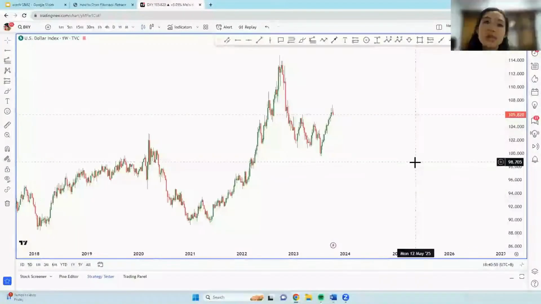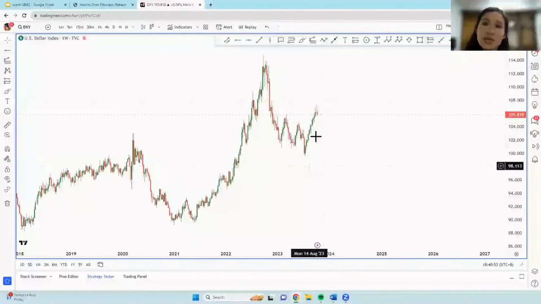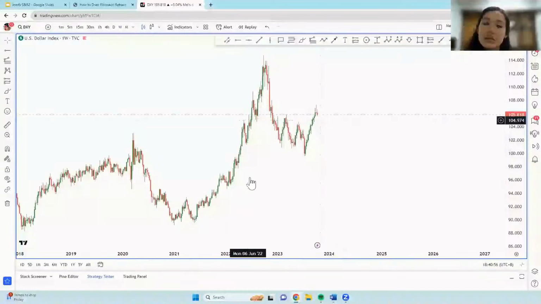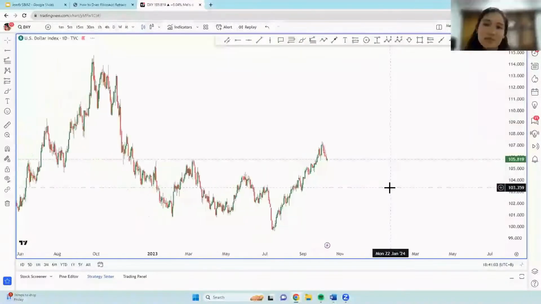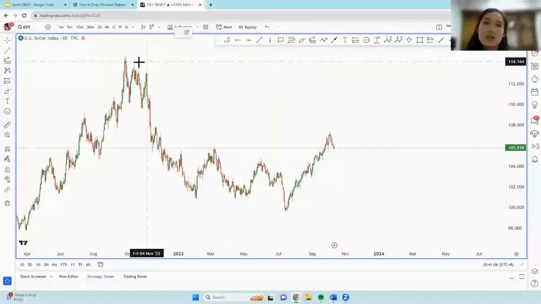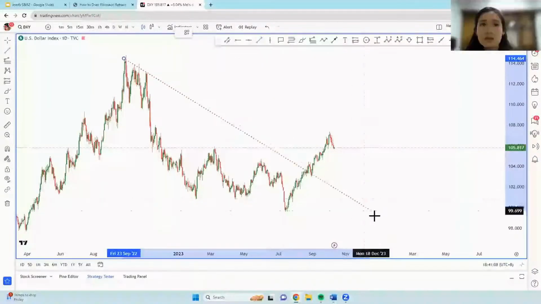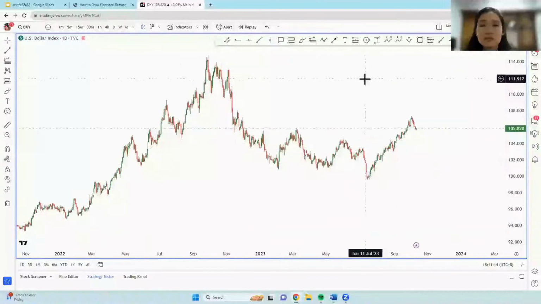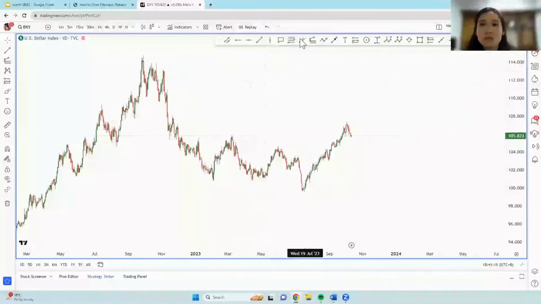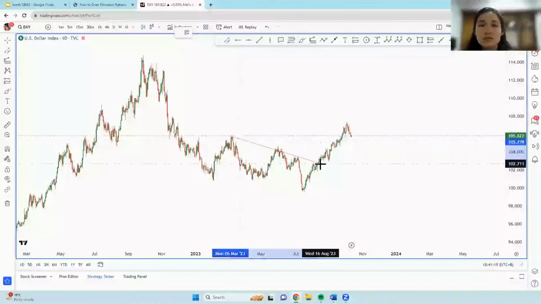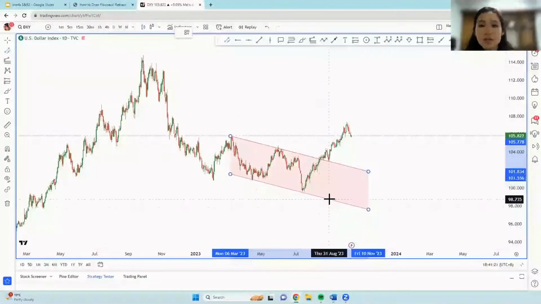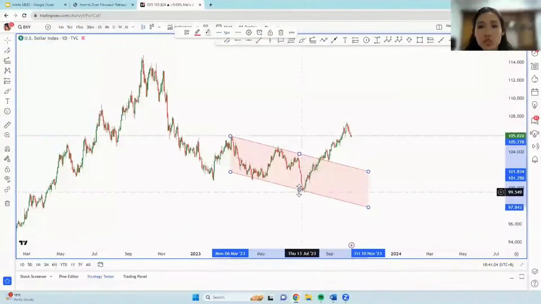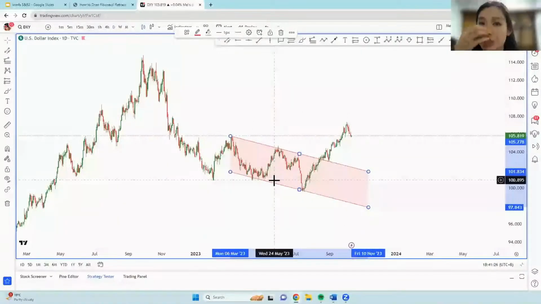Okay, so here's our weekly time frame. We see prices generally in an uptrend. Okay, but there is a slight reversal over here. Okay, let's look at our lower time frames. So earlier we talked about trend channels and the breakouts of trend channels.